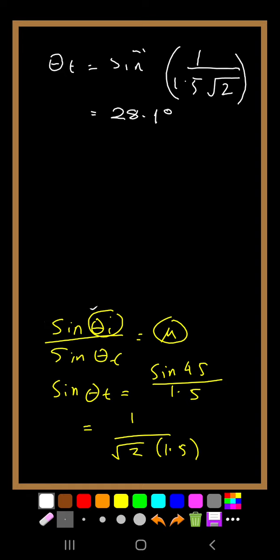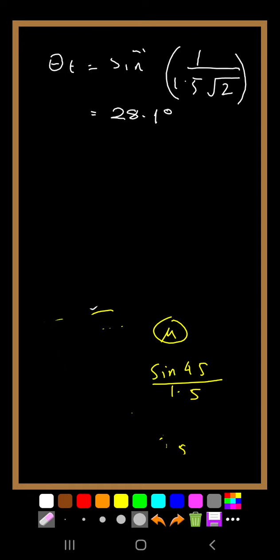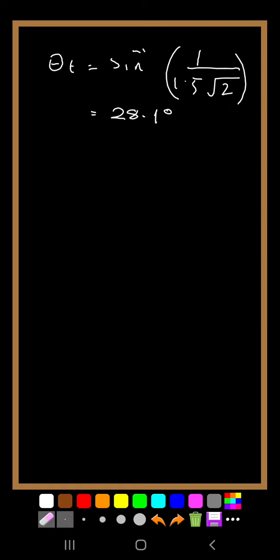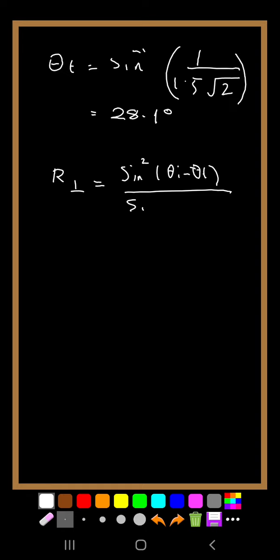Then you can write the value of the reflection coefficient, that is R perpendicular, and that is equal to sine square theta I minus theta t divided by sine square theta I plus theta t.